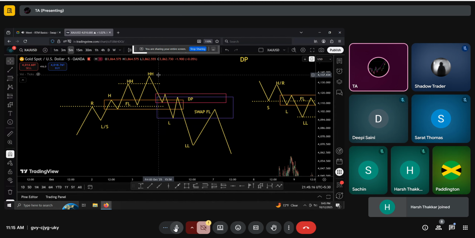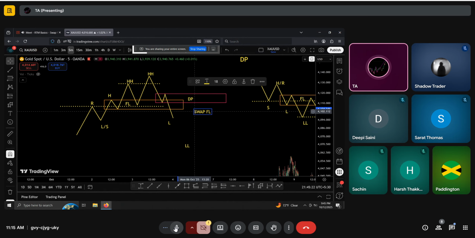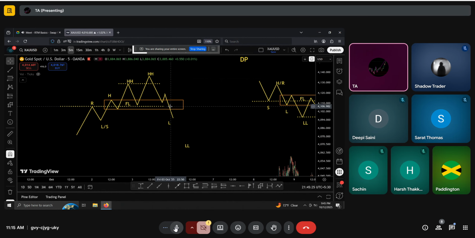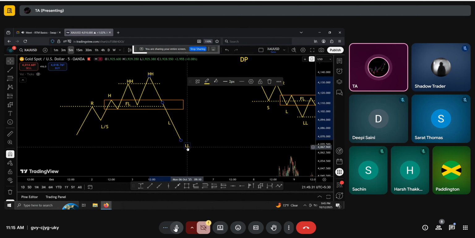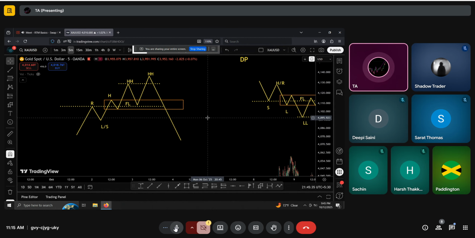So you mean that, okay, I will explain it. I got what you want to say. So you mean if price falls directly to here and no pullback was created, right? Like this? Okay.